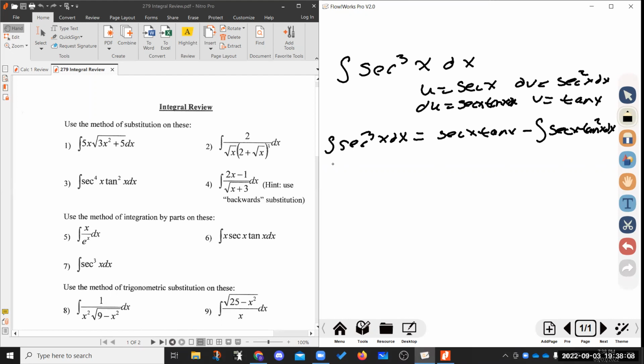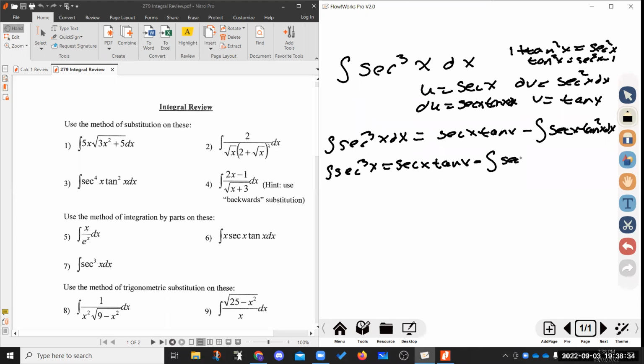Tangent squared is, I've got an identity, 1 plus tangent squared is equal to secant squared. So tangent squared is secant squared minus 1. I'll be using that to get this to wrap around on itself in just a second.